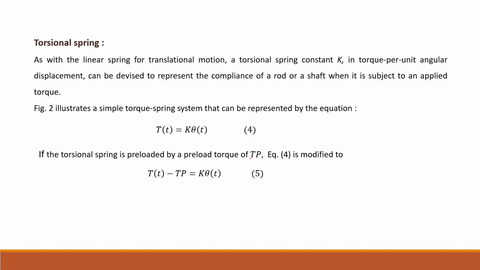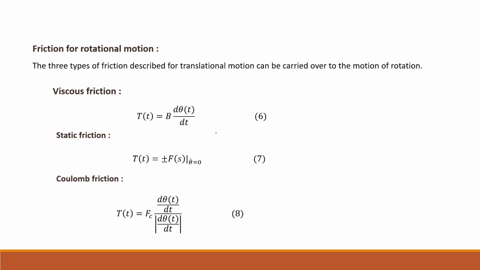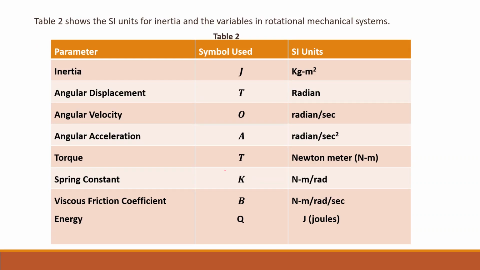A torsional spring will also have a linear expression, torque equals k into theta, as we have already discussed. Viscous friction can be considered as b into d theta by dt. So this is the angular inertia, and these are similar expressions, and similar representations can be formed.